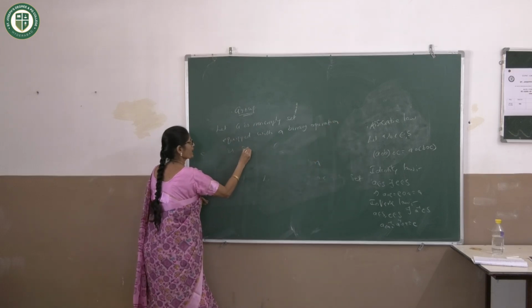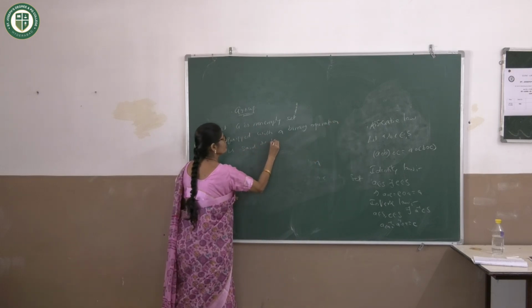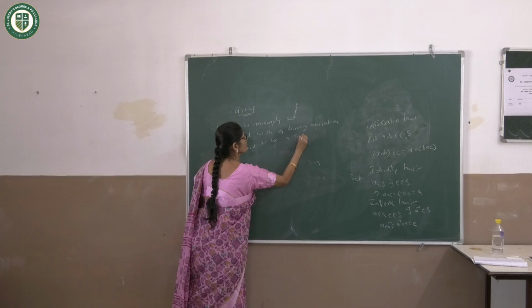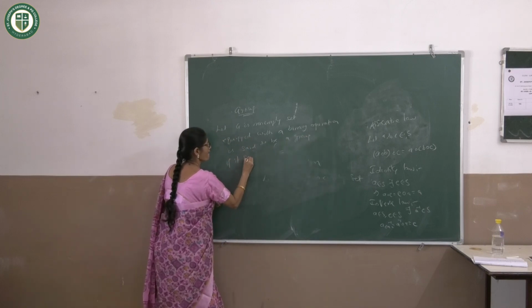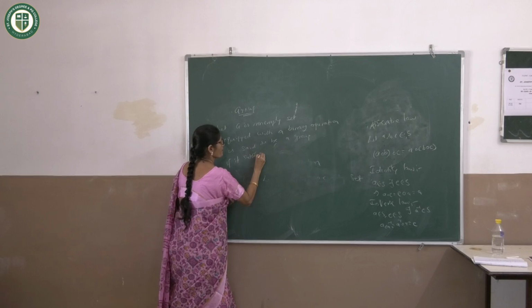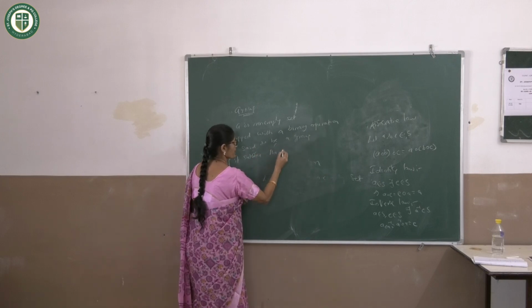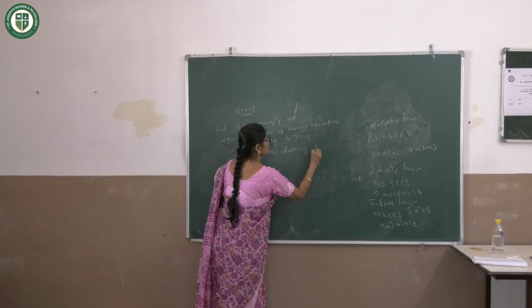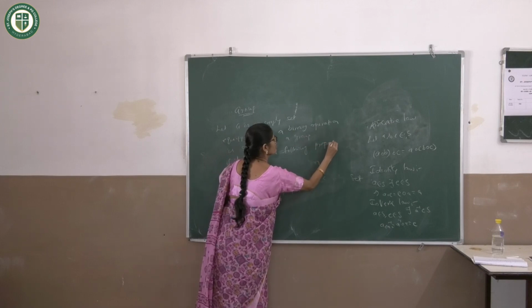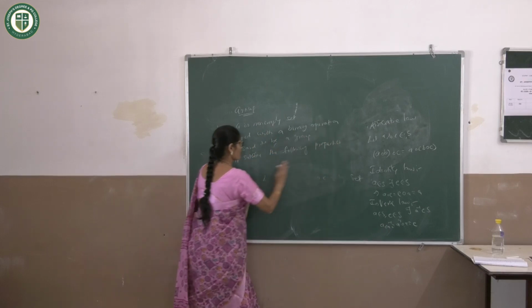It is said to be a group if it satisfies the following properties. What are the following properties?